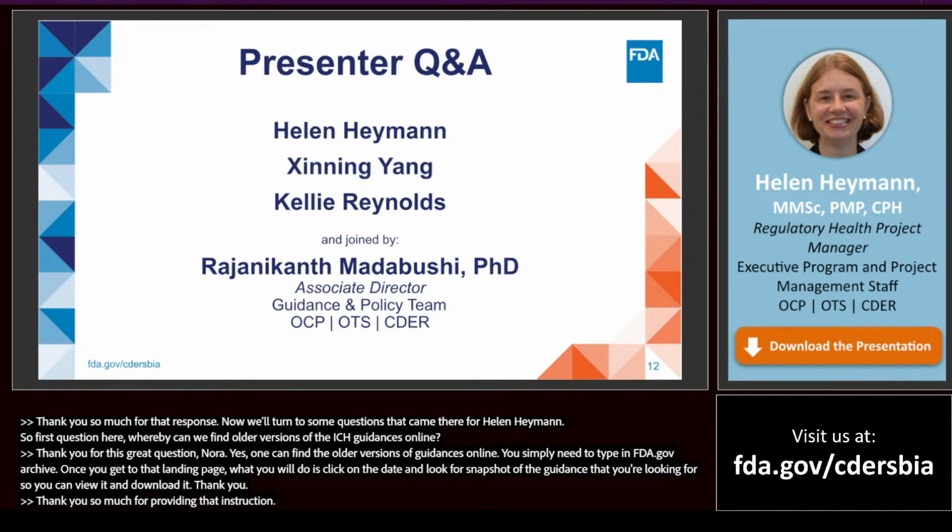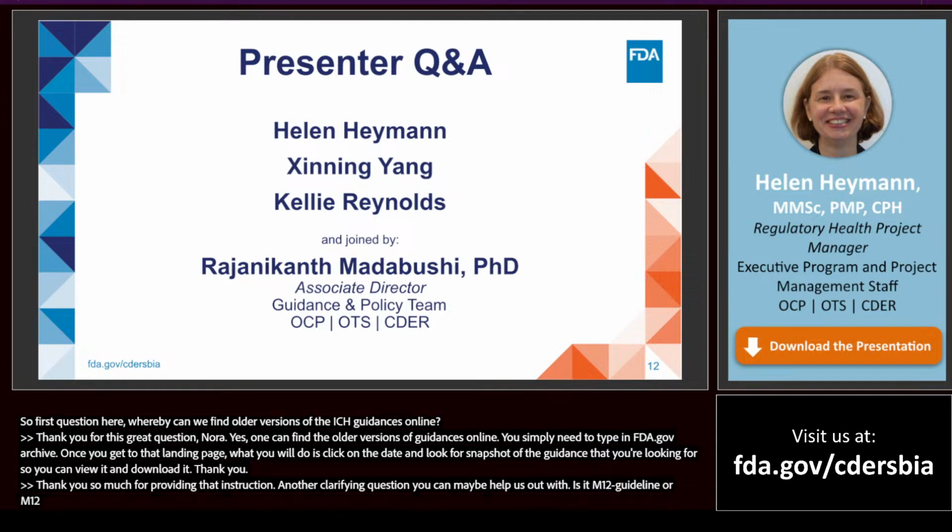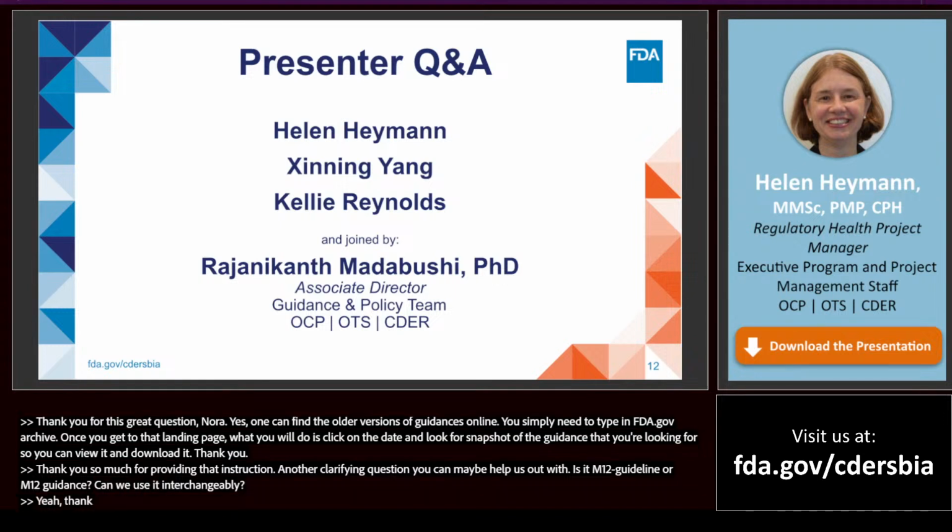Another clarifying question: is it the M12 guideline or the M12 guidance? Can we use them interchangeably? Oh, thank you for the insightful question. It really depends from what stage and what perspective you're speaking.